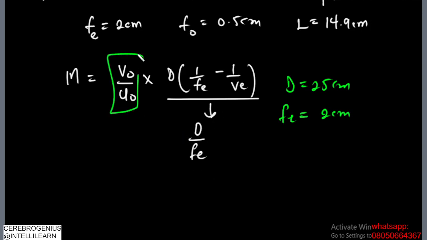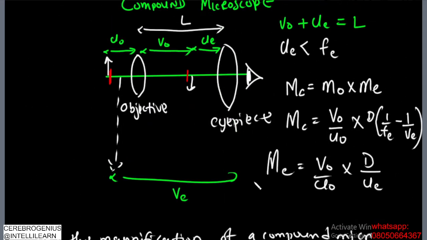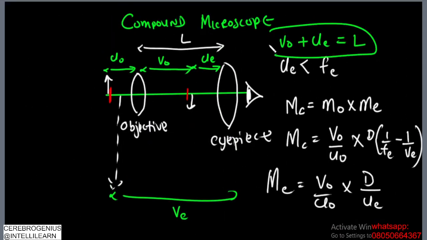Now the remaining part. Don't forget that we said the length of our microscope is the distance of the image from the objective plus the distance of the object from the eyepiece. That is v naught plus ue. Is that what you wrote? Yes, that's what we wrote here.